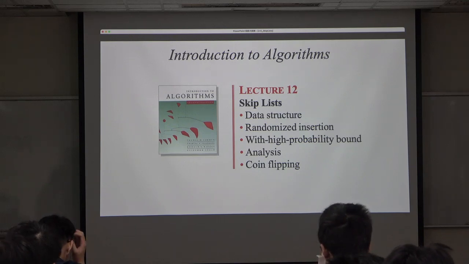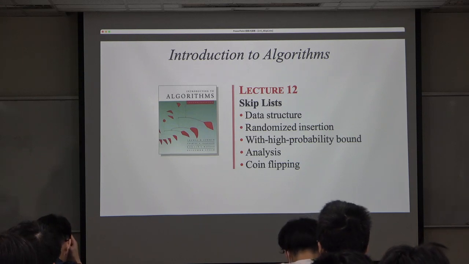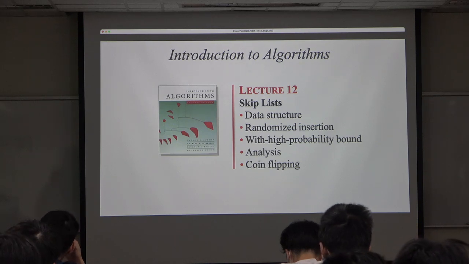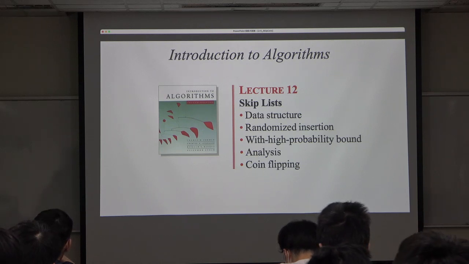Why do I need to talk about this? Because remember, we have two programming assignments, and you have done one. Tonight I'm going to upload the homework, and the other one will be the programming assignment on the skip list. Even though its name doesn't look like a tree, it is a tree.